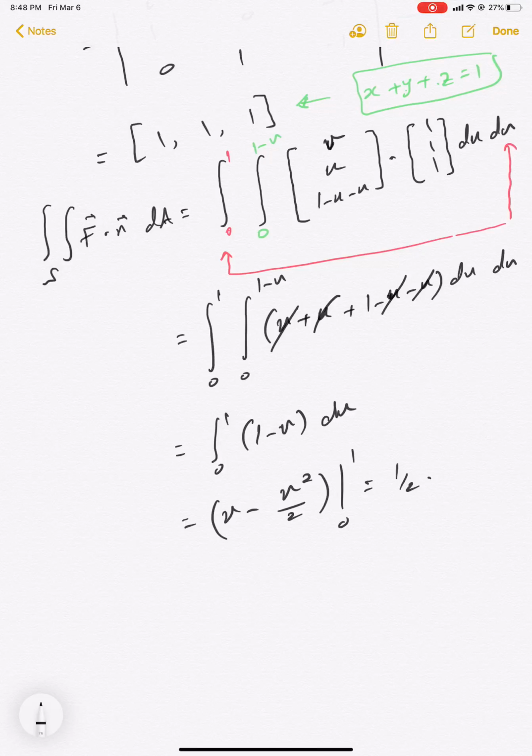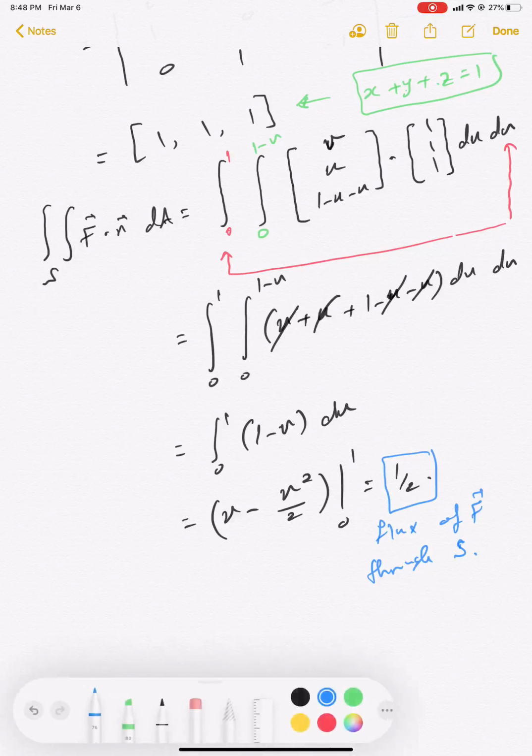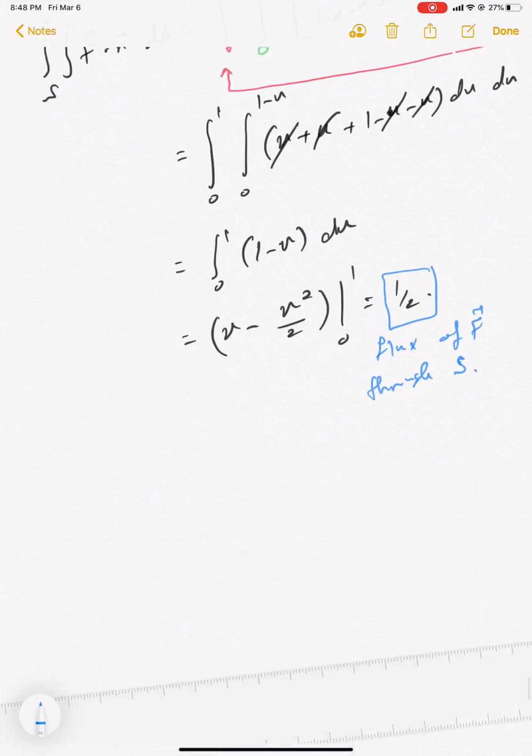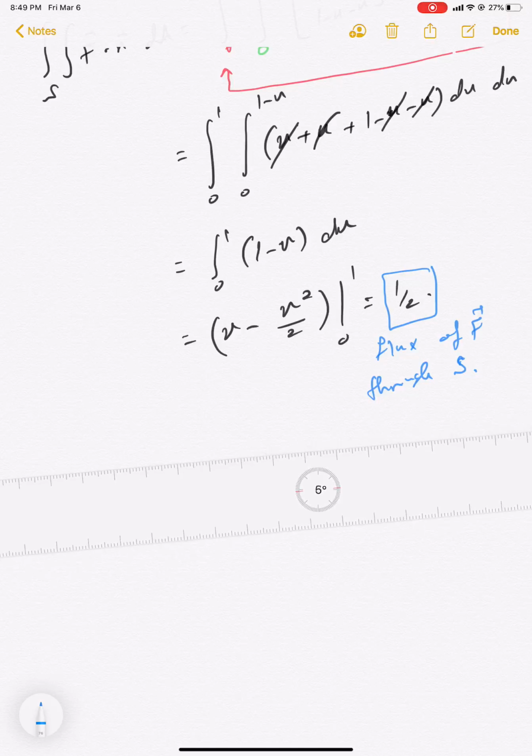So the surface integral, which is again a flux integral, represents after all the flux of the function f through the surface, as this is how we compute the surface integral.